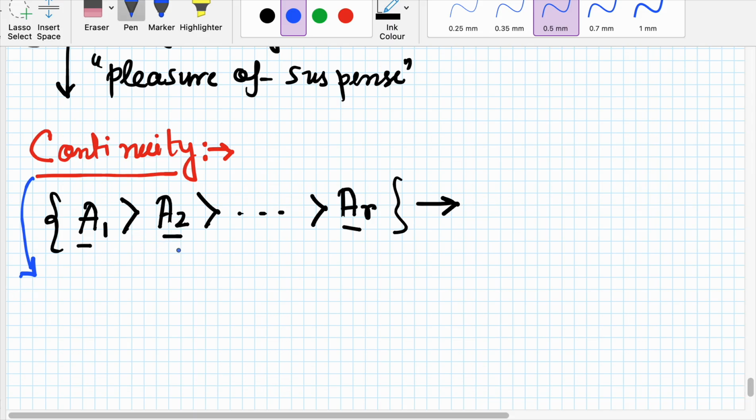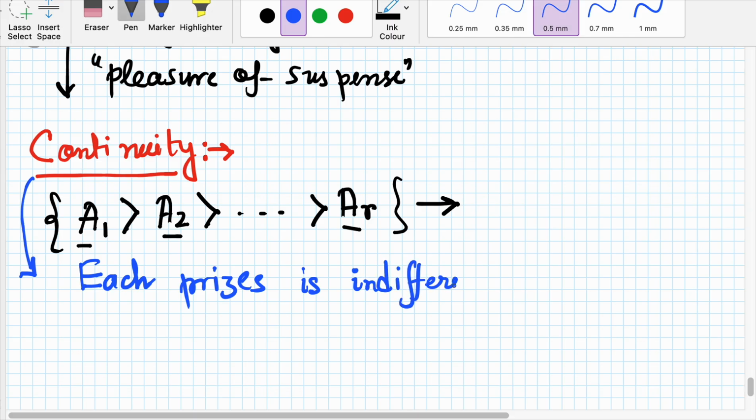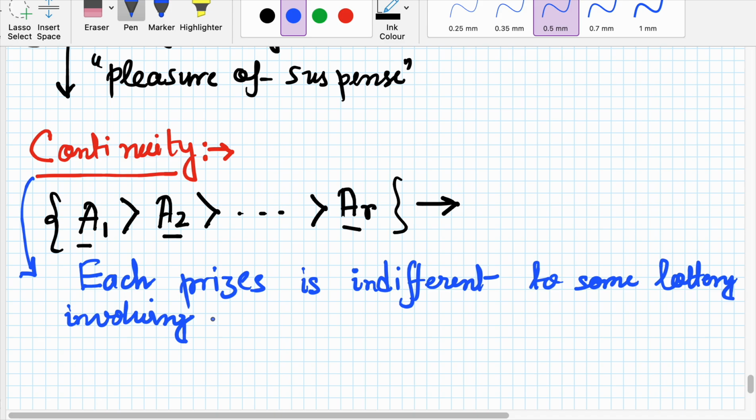Suppose that each prize, that means A1, A2, AR, each prize is indifferent to some lottery involving just the most preferred A1 and the least preferred AR.